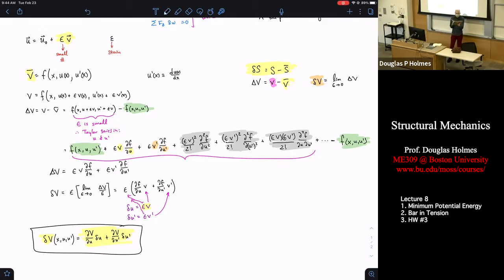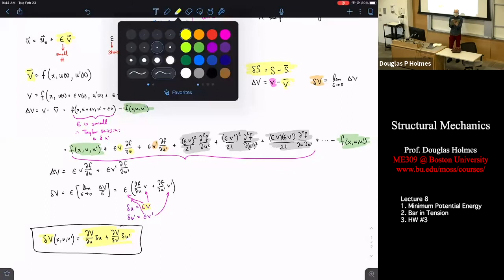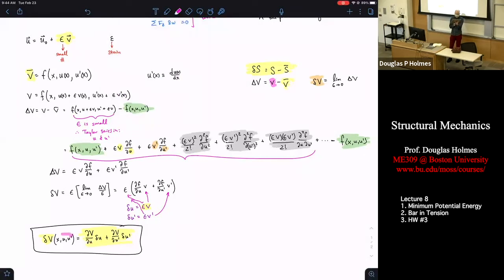The reason why I'm bringing this last point up, and the reason why I am specifically writing this here, is because, for instance, for a bending problem, you might find that V might depend on W, W prime, and W double prime.